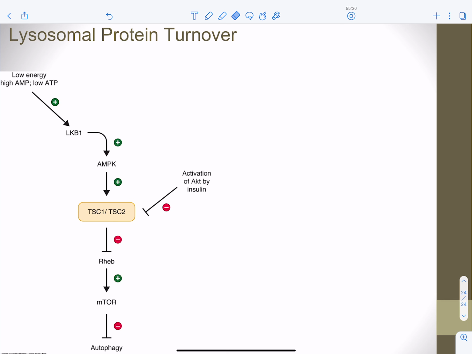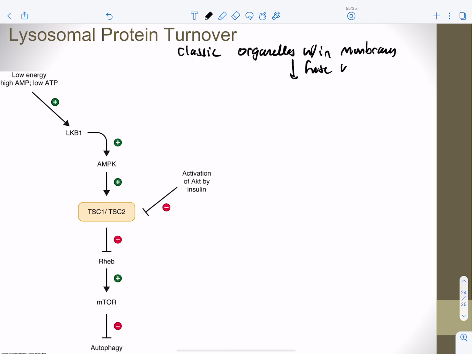So in the classic case, you have organelles within membranes, and these are going to fuse with lysosomes. And then you get digestion, of course.